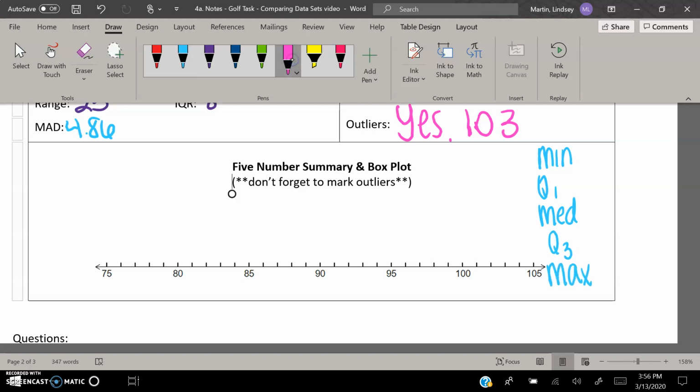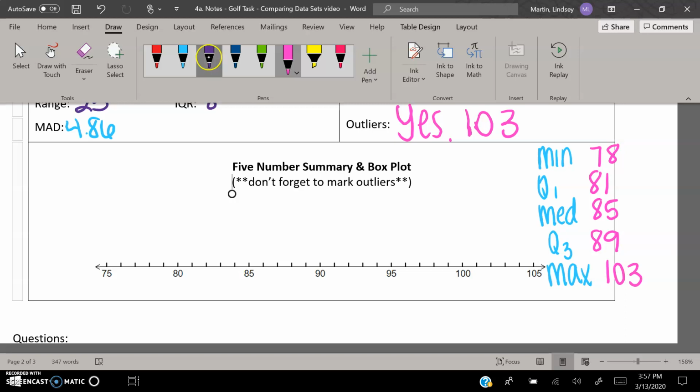My minimum, which we found previously, is going to be 78. The Q1 value, or lower quartile, is 81. The median is 85. Q3, or the upper quartile, is 89. And my max value is 103.